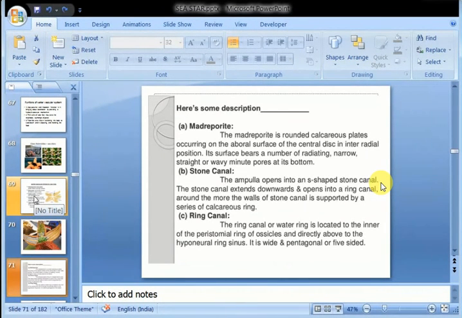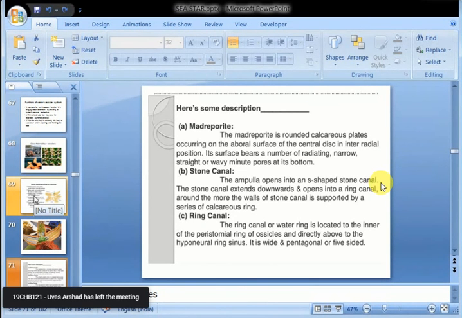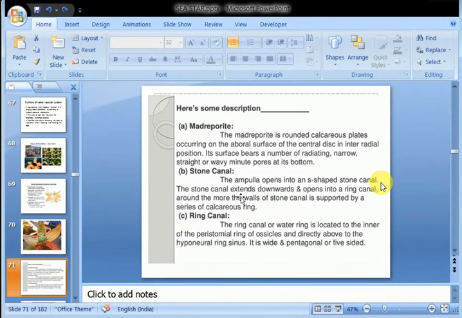Surrounding the stone canal, there is present a hemal sinus. So this runs through that hemal organ, right? Then it leads to the ring canal. The ring canal or water ring is located to the inner side of the peristomal ring of ossicles, and it is present directly above the hyponeural ring sinus.